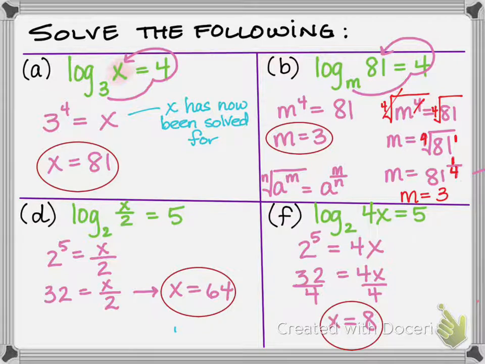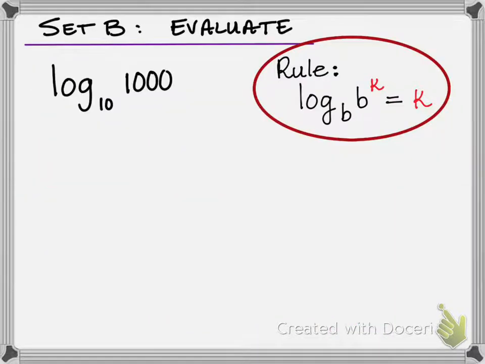So if you notice each and every one of these problems, this was an equal sign, this was an equal sign, equal sign, equal sign. So I'm going to use the verb solve. But if you come to this problem here, I'm giving you an expression, okay? This is an expression, not an equation. But I still know that this expression has some sort of value to it.